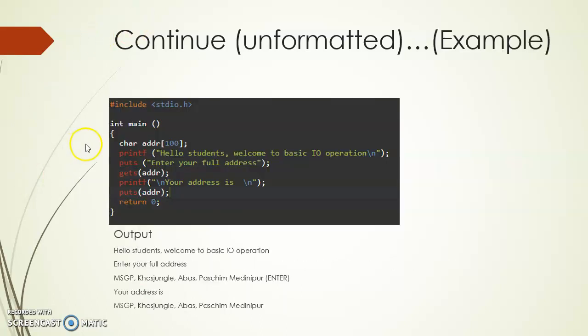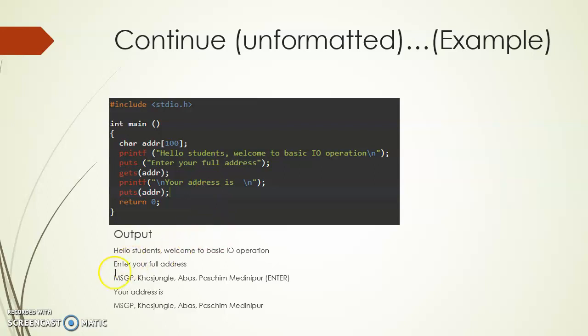Here we see an example of gets and puts functions. First, the printf function says hello students, welcome to basic IO operations. Now see that we pass to the puts function a fixed constant string of characters, enter your full address, between inverted commas. And we already declared a variable addr of character array type, which is passed to the gets function.